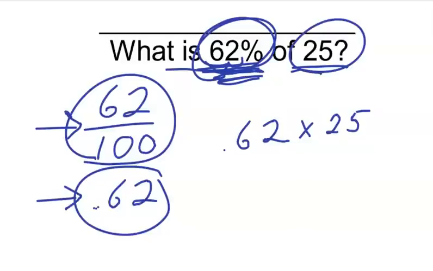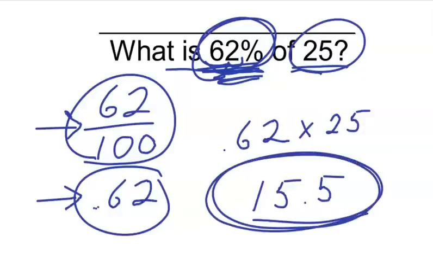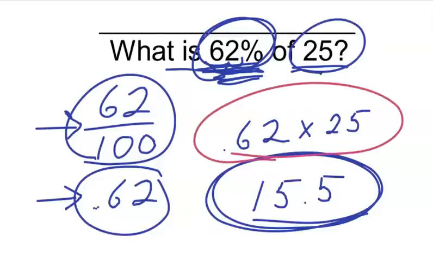You can do it out longhand, but if you just do 0.62 times 25, that is going to give you 15.5. So the answer to what is 62% of 25 is 15.5. All you really have to do is change the percent into a decimal and multiply it by 25.